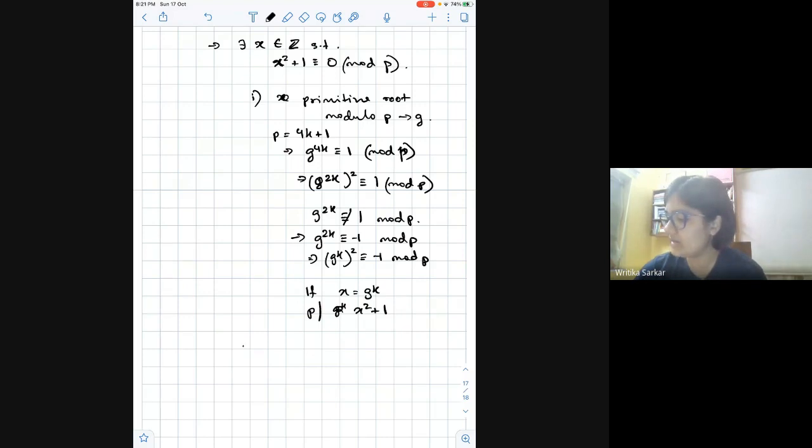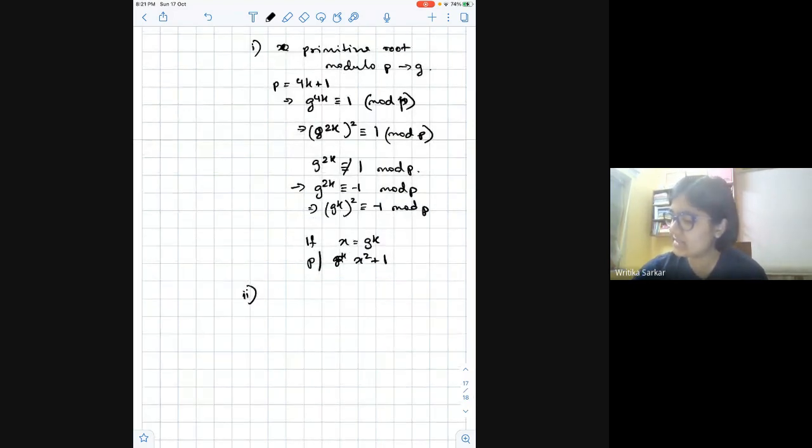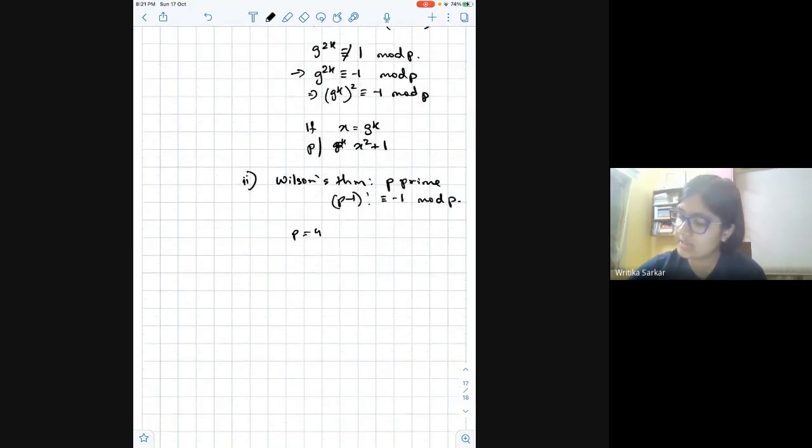And the second very sweet method is by Wilson's theorem. So Wilson's theorem states that if you have any prime p, then (p - 1)! is congruent to -1 mod p. So in our case, we write p = 4k + 1.